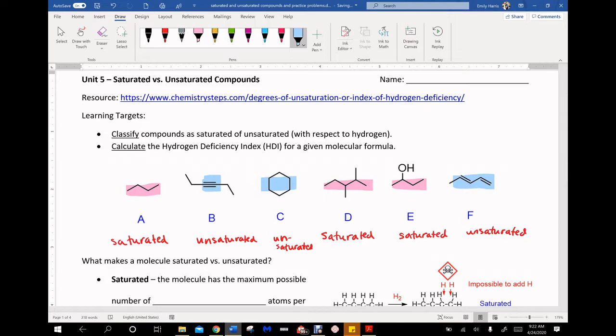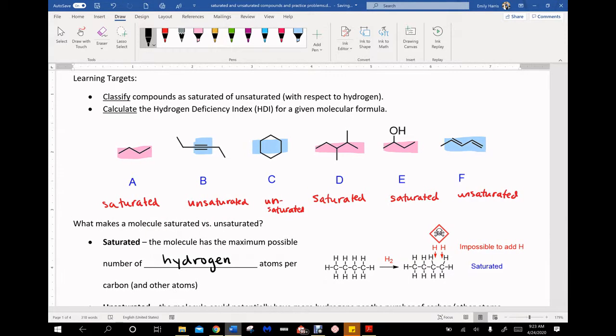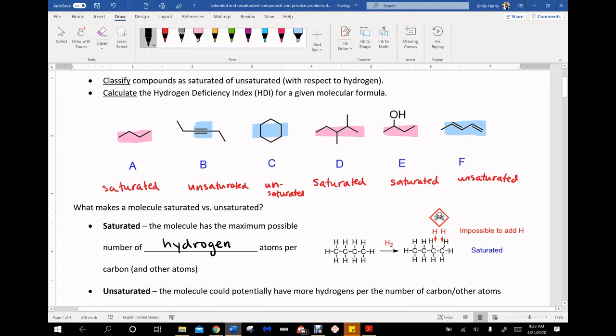And so what makes them that way? What we're looking at is a reference to how many hydrogens they have per their carbon atoms. If a molecule is saturated, it has the maximum possible number of hydrogens per carbon and other atoms. If we take a look, this is butane over here.